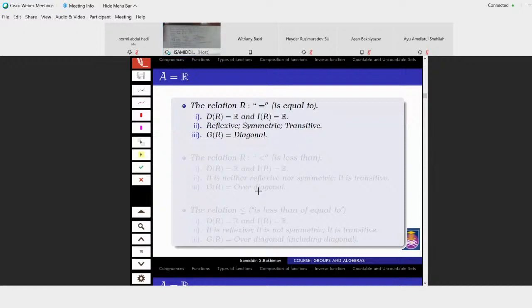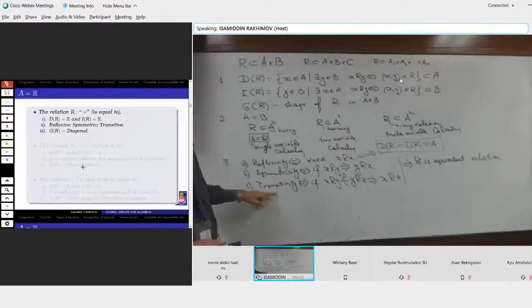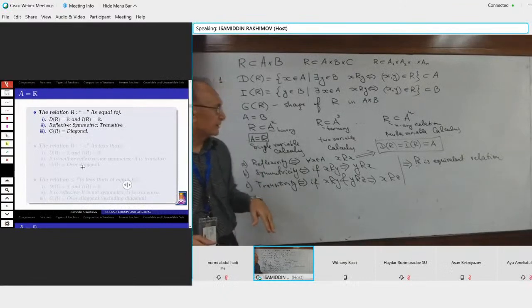How about the domain? The domain is R. You can first verify these three properties. You can easily see the equality relation is reflexive, symmetric, and transitive. So this is an equivalence relation.